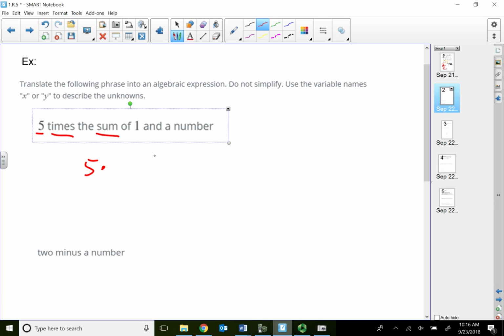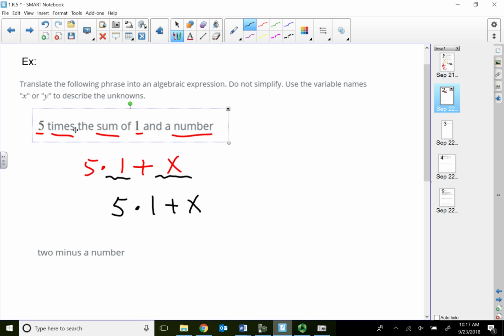When you see the word sum, you have to write a plus sign. When you write down an addition sign, somebody has to go in front of it, somebody has to go behind it. It's 5 times the sum of 1 and a number. I don't know what the number is, so that will be x. So this problem is basically saying 5 times 1 plus x. Well, not really. This problem does not say 5 times 1.